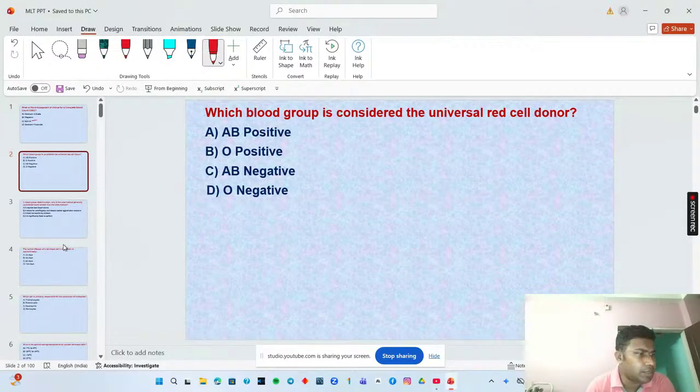So can you tell me which is the universal red cell donor?